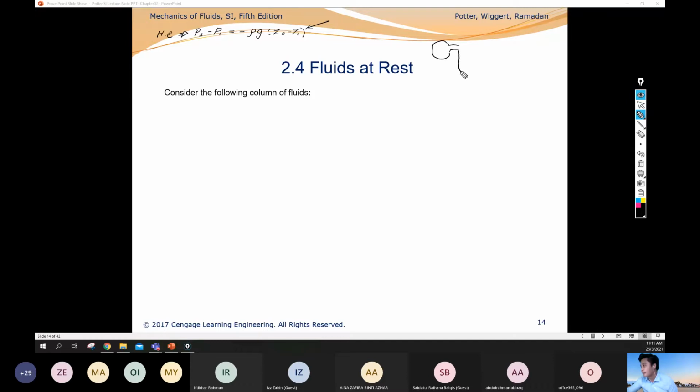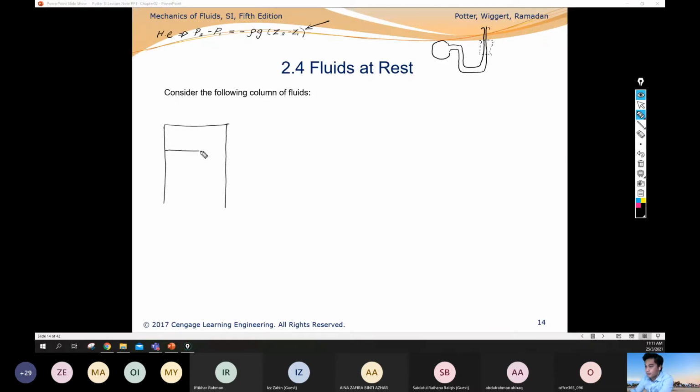Let's say we take only a small portion of this. This is the small portion. Alright. This is the column.